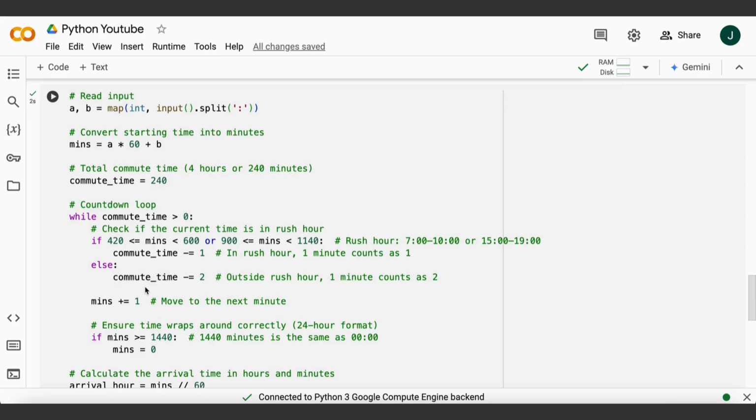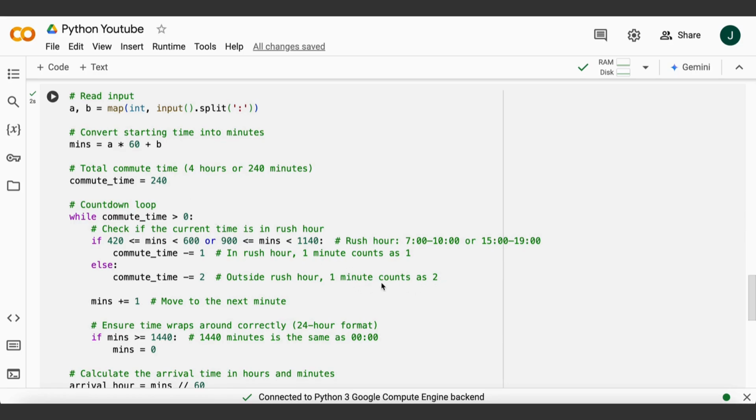Otherwise, for the commute time I'm going to count down 2 for every minute. Make sense? Fiona is taking half of the time for the non-rush hour traffic, okay. So that means for that countdown, I'm going to count down 2 for every 1 minute.